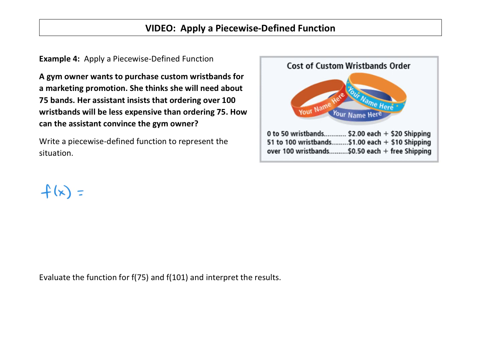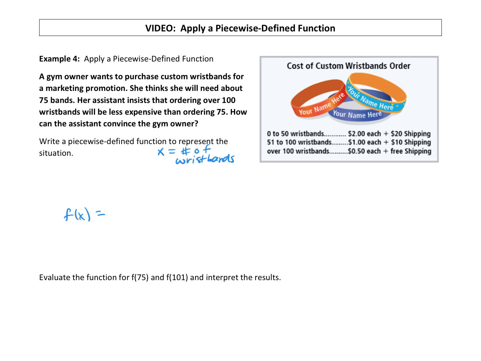So our first one, we can say if we order between 0 to 50 wristbands, they cost $2 each and there's $20 shipping. So why don't we define our variables? Let's let x represent the number of wristbands. And that will just help us know how to use that x.